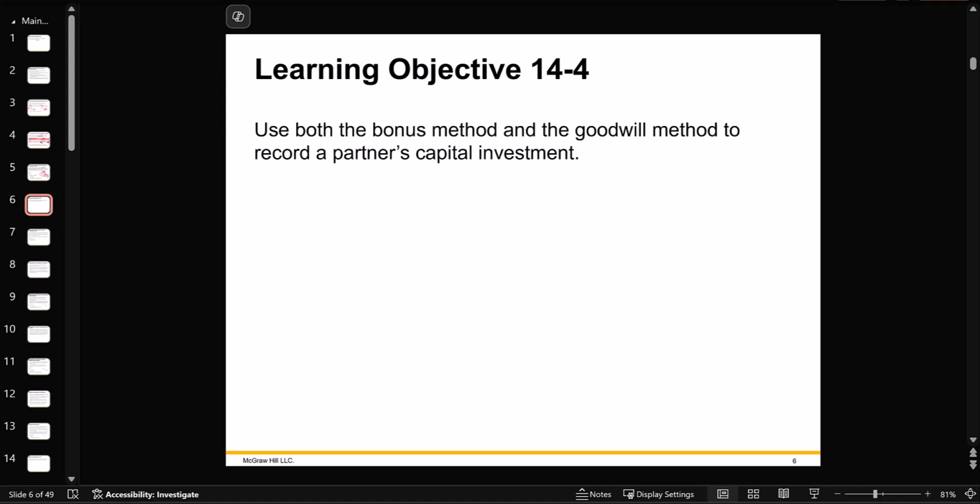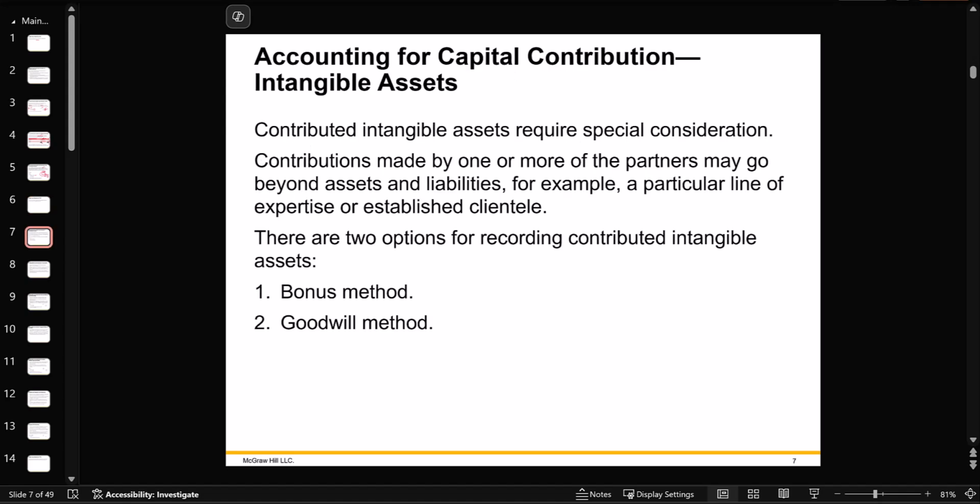So here in the next slide, what we're going to be looking at is this value being brought in by that partner, again, to motivate them to become a partner by giving them an additional ownership interest. And there's two different methods mentioned here. One is called the bonus method.